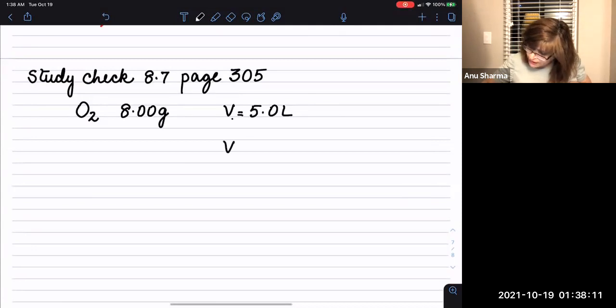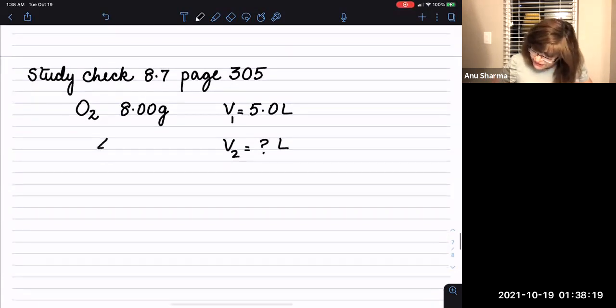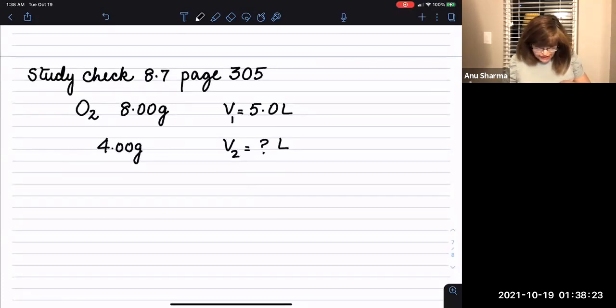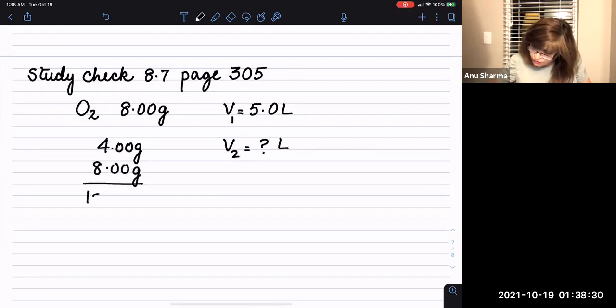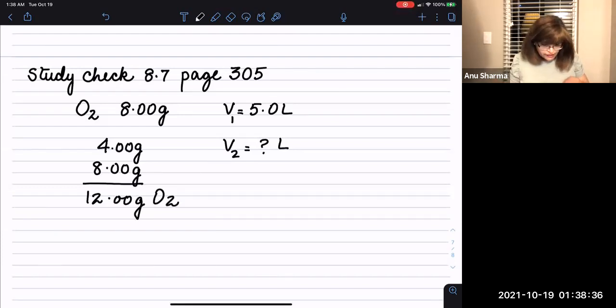So this is V1, V2. What is the final volume in liters after 4.00 grams of oxygen has been added to 8.00 grams, so a total of 12.00 grams of oxygen in a balloon, if the temperature and pressure do not change?